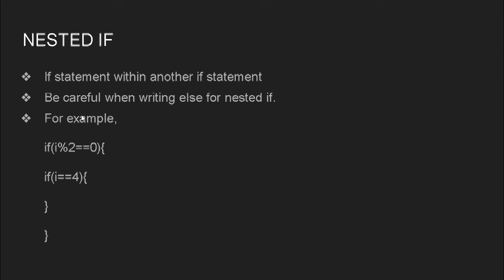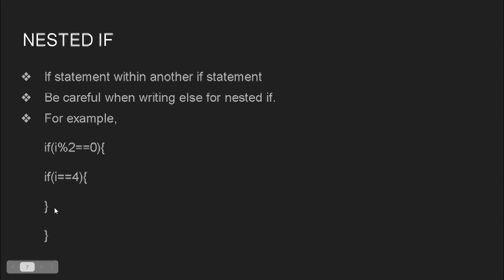Now you need to be extremely careful whenever you are writing else for a nested if. For example, let us take this particular example itself. If I write else below this particular bracket, then you need to remember that this bracket is going to close this particular block. So if I write else there, then that else will be only for this if.